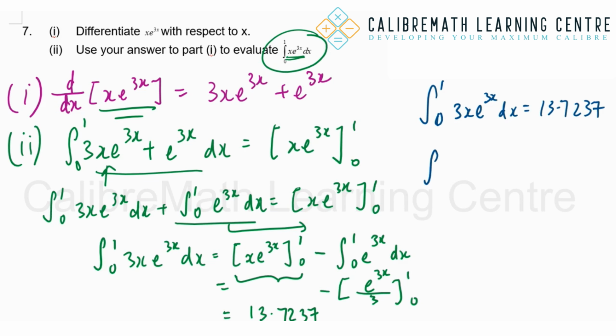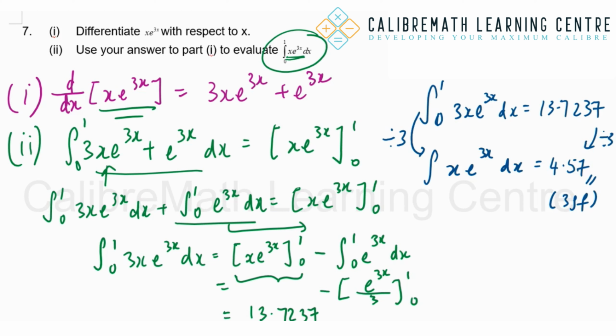To get x e to the power of 3x dx, we'll just need to divide by 3. So you divide by 3 on both sides, and then you will get your final answer to be 4.57 when rounded off to 3SF. So the answer for integration of x e to the power of 3x dx is 4.57.